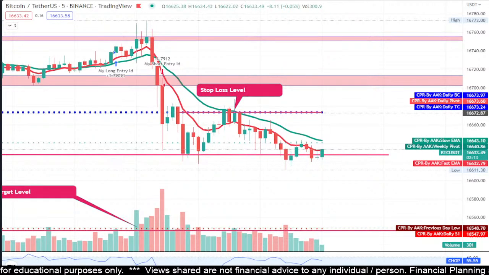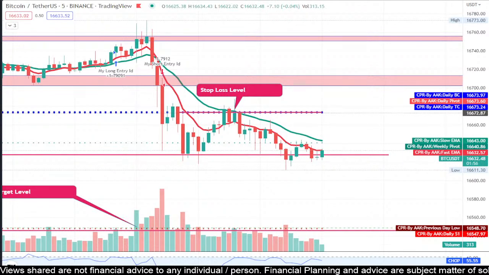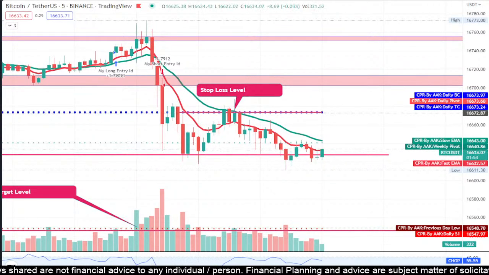And if you look at the current scenario and try to educate yourself, the 20 EMA and the weekly pivot are at the same level. Both prices are at the same level, which means it's a very, very strong barrier, which the price will have to break if it is planning to go up or show a bullish trend, which is nowhere possible as of now.